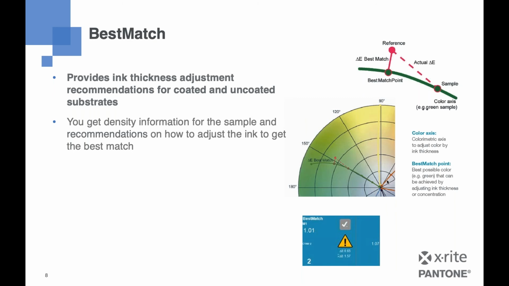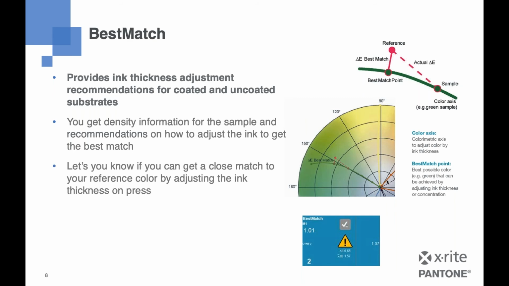This is helpful information. This also gives the operator understanding if the ink he has loaded in the ink unit is okay, and can get the close match as required.